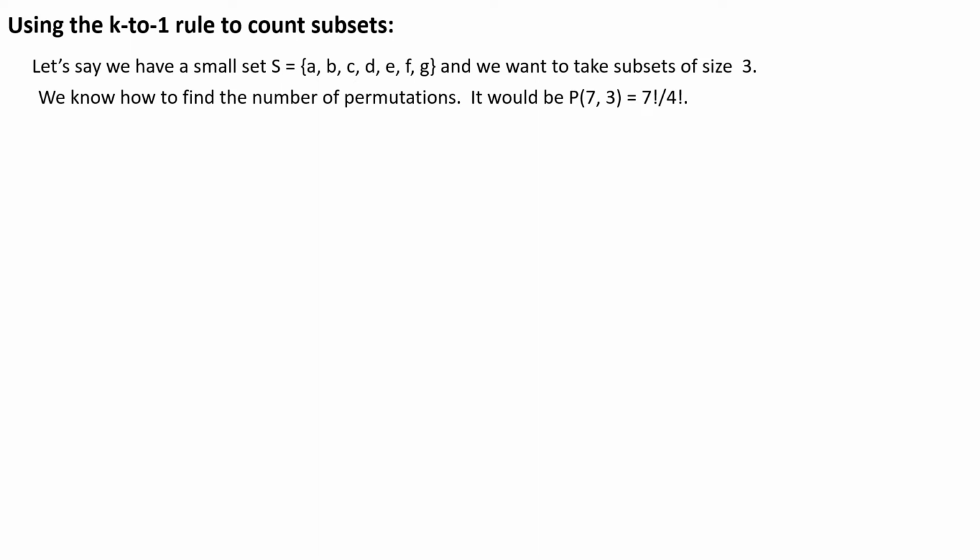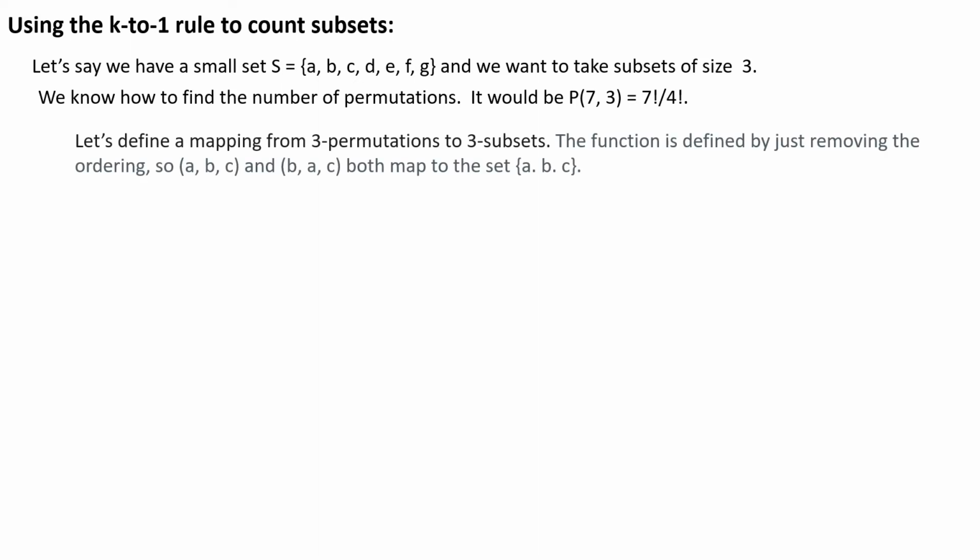Because that was the formula for permutations. So that would give us the number of permutations. Now that's probably not what we're going to be asking for, because we're counting subsets here. So we're eventually going to be asked how many just plain subsets are there, not permutations.